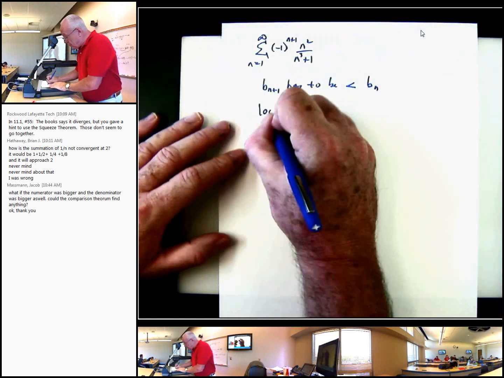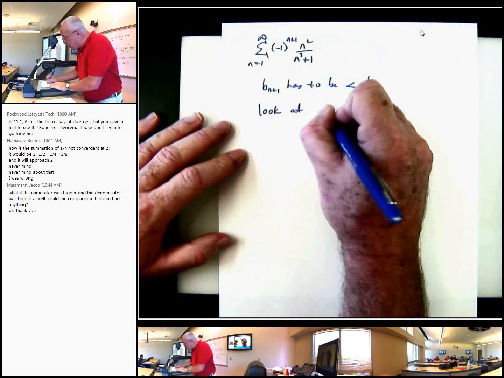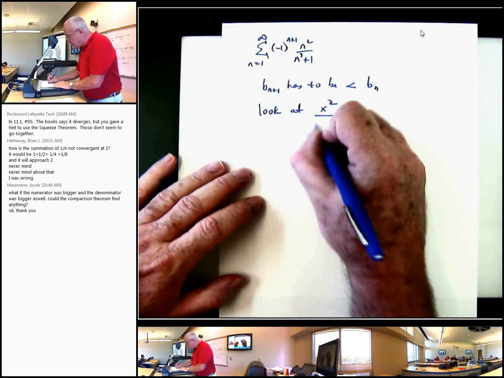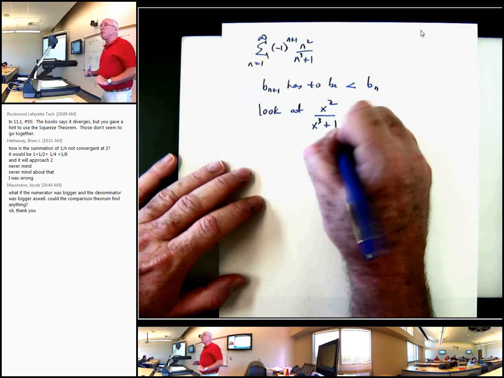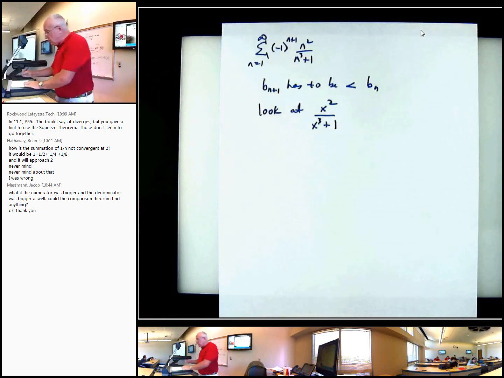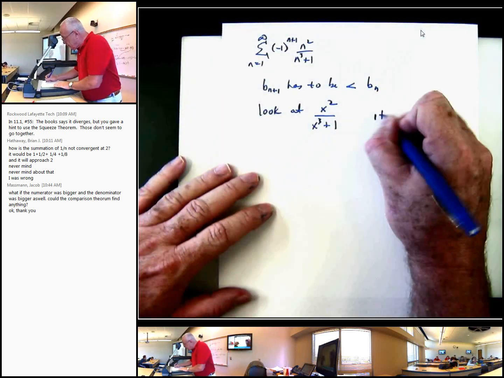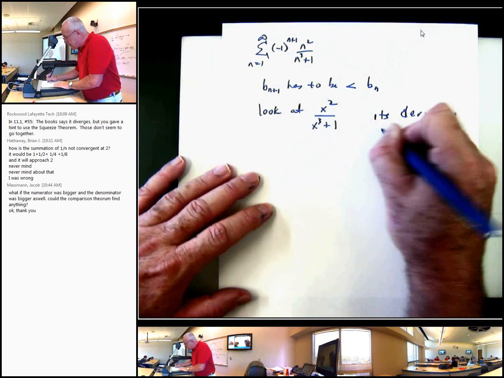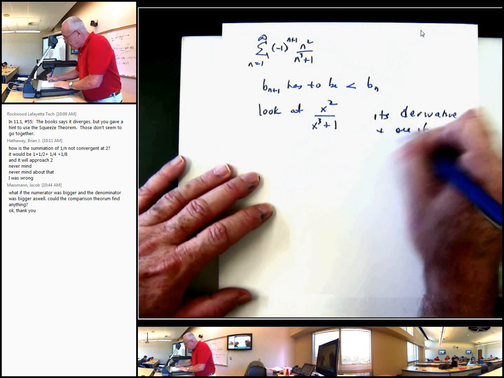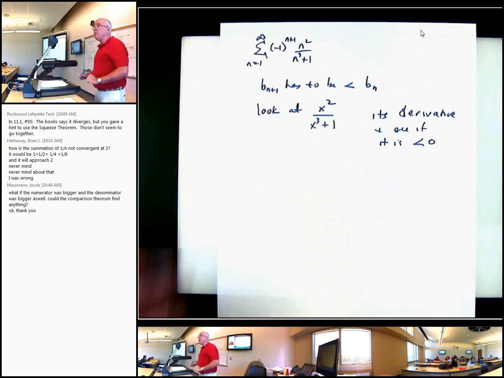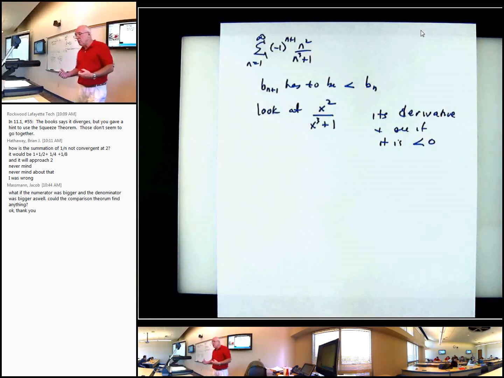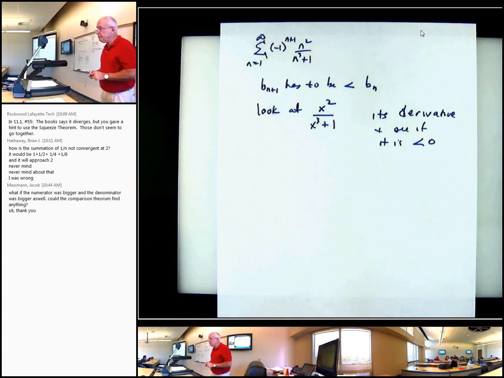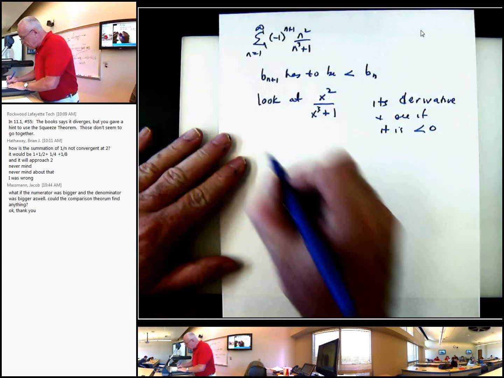Instead of n squared, let's look at x squared, and instead of n to the third plus 1, let's look at x to the third plus 1, and look at its derivative and see if it is less than 0. Because if it's less than 0, then it is decreasing. All right? So we have to use the quotient rule.